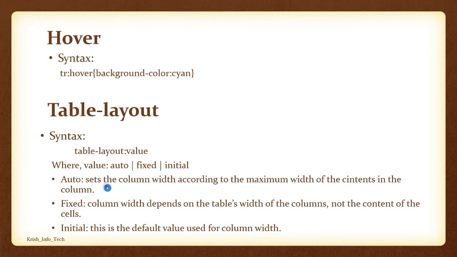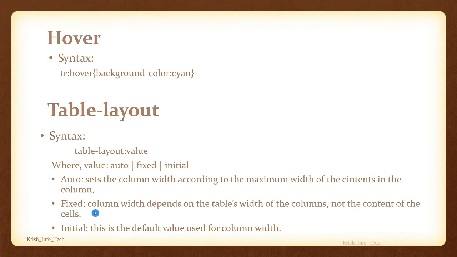Auto is used to set the column width according to the maximum width of the contents in the column. Fixed is where column width depends on the table's width or the columns, not the content of the cell. Initial is the default value used for column width. So table layout is used to set the column width of the particular cell or column.